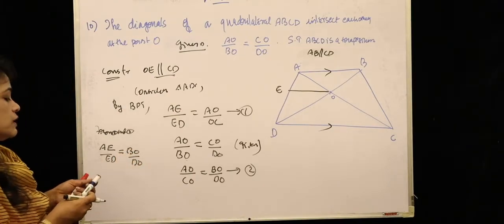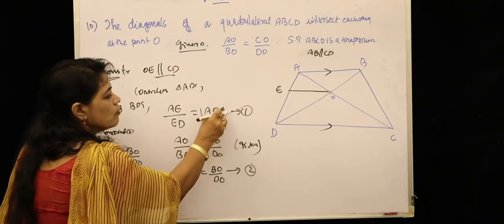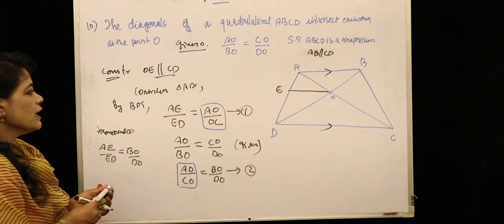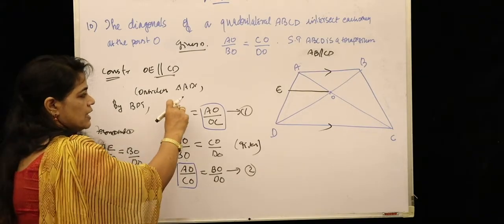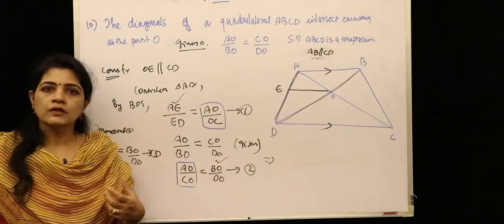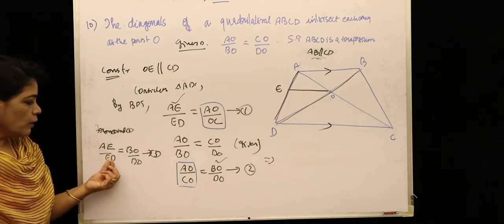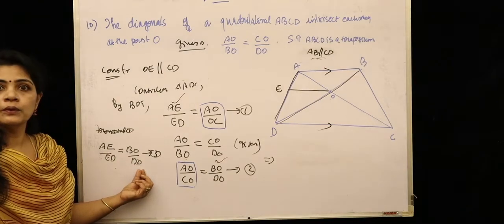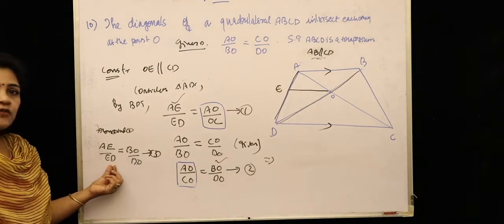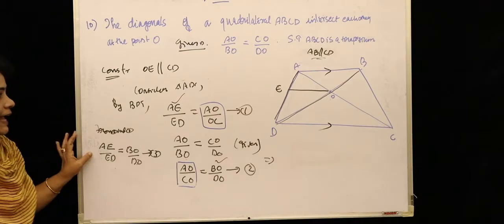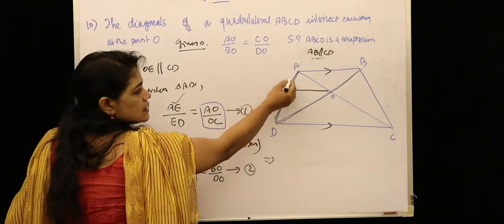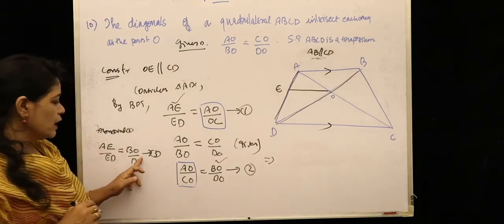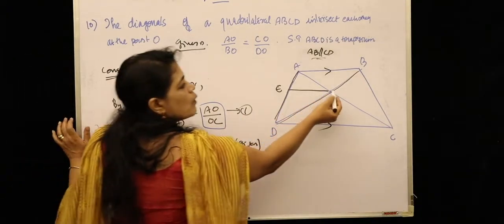In both the equations, see children, AO by OC, here also AO by OC, which means you can equate this side. So what we have seen? We have now AE by ED equal to BO by DO. This is equation 3, the ratio of AE by ED is the same as BO by DO.